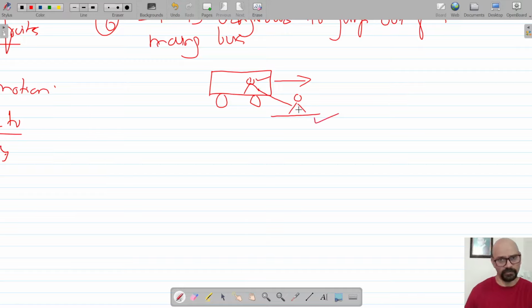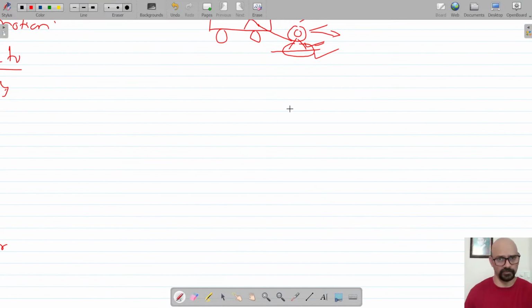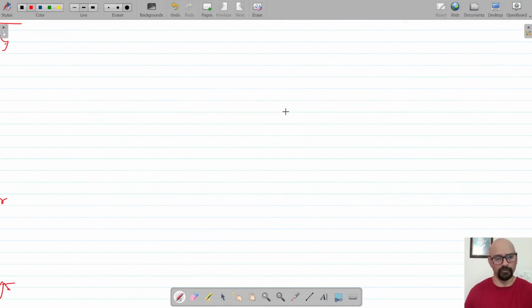Now the ground is at rest, and as soon as his lower body touches the ground, the lower body comes to rest, but the upper part still continues to be in motion, and hence we fall and may get hurt. So that's why it's dangerous to jump out of a moving bus.